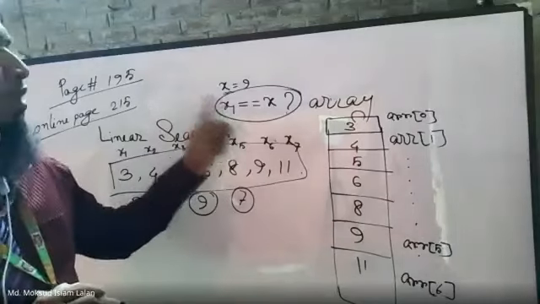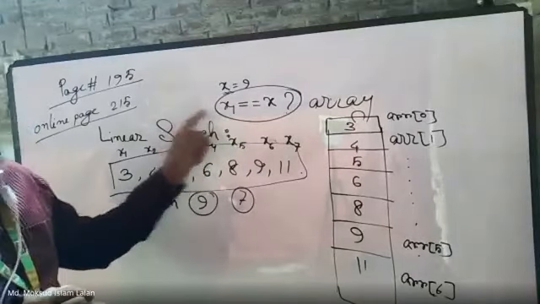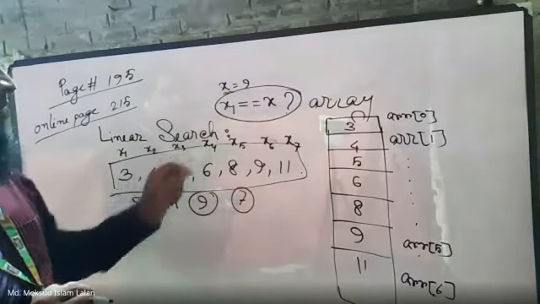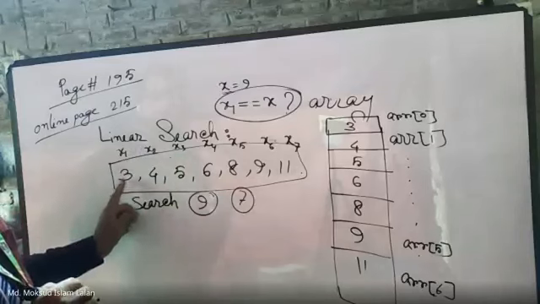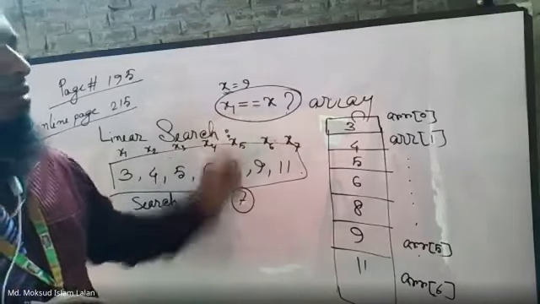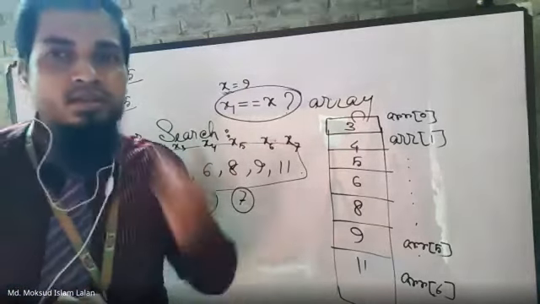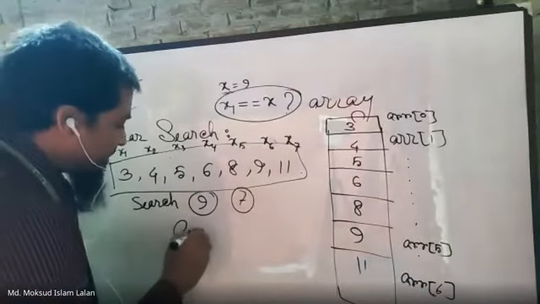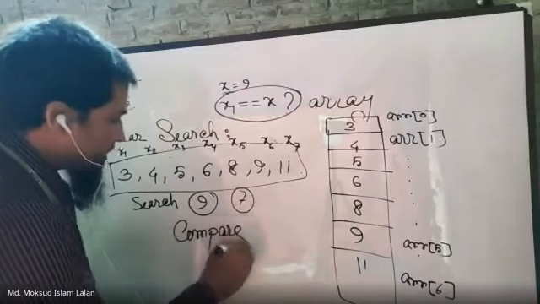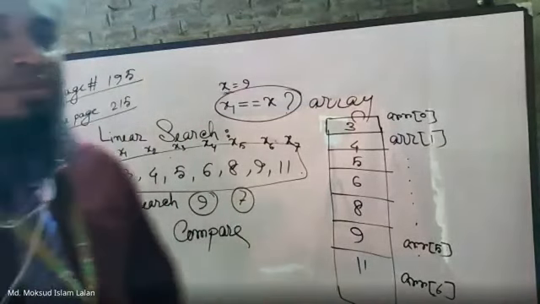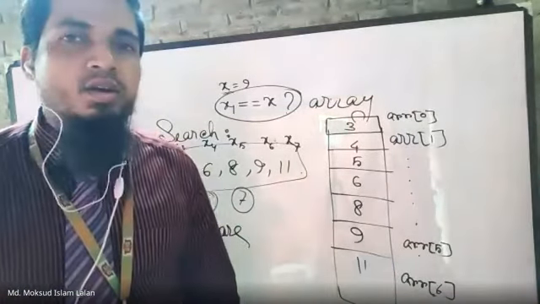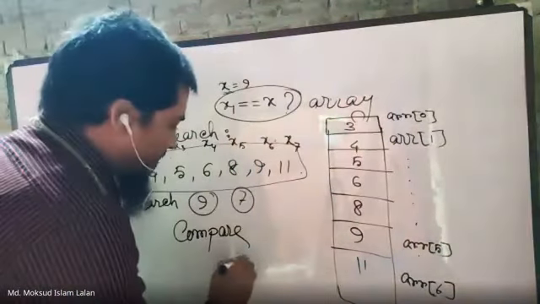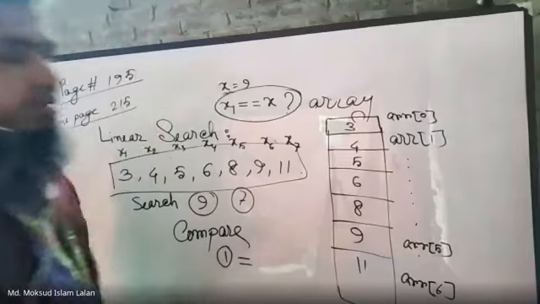So first we have to compare, I mean, a time killing method. First we compare the searching element with x1, the first element, whether it is equal or not. Compare means there are three conditions: maybe equal, that is our objective, maybe greater, or maybe less.